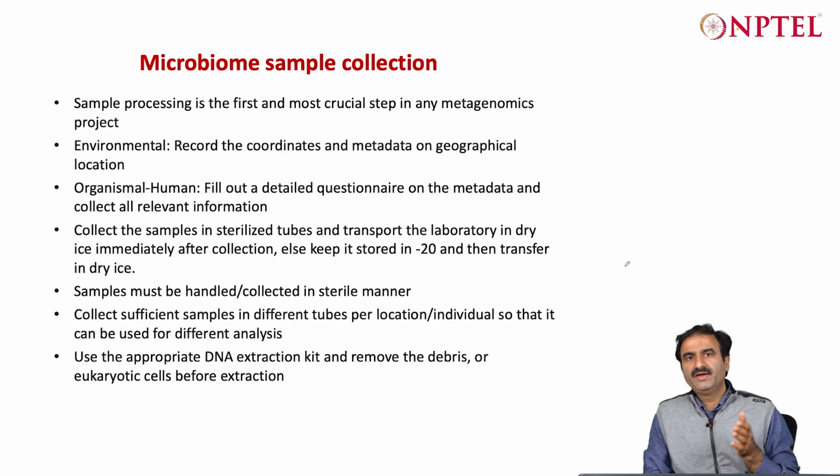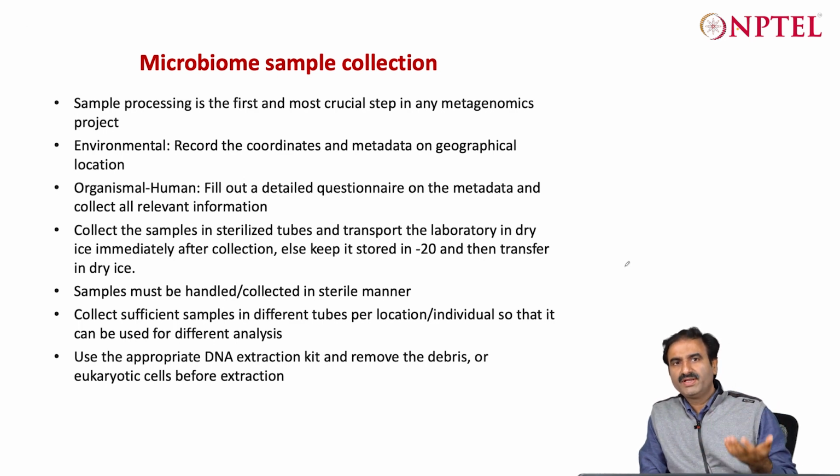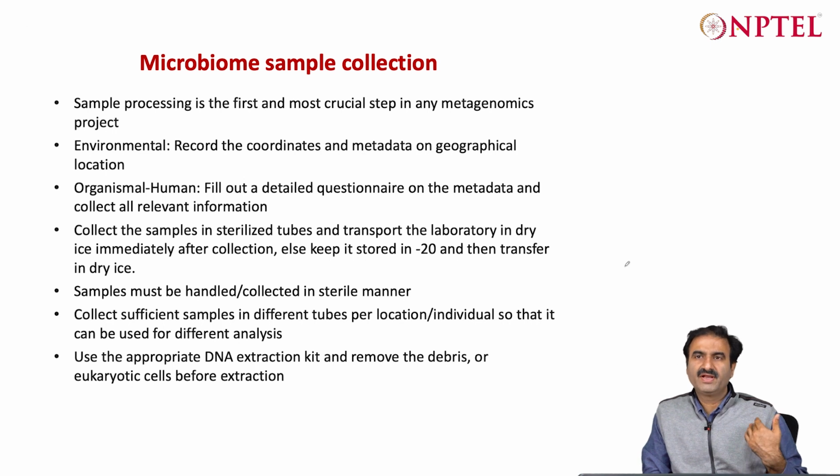You have to collect metadata including what the person was eating for the last 3 days at least, to maybe 1 month if possible, to gain more insights into dietary habits, and then record all the other body parameters and whatever is relevant for your objective.